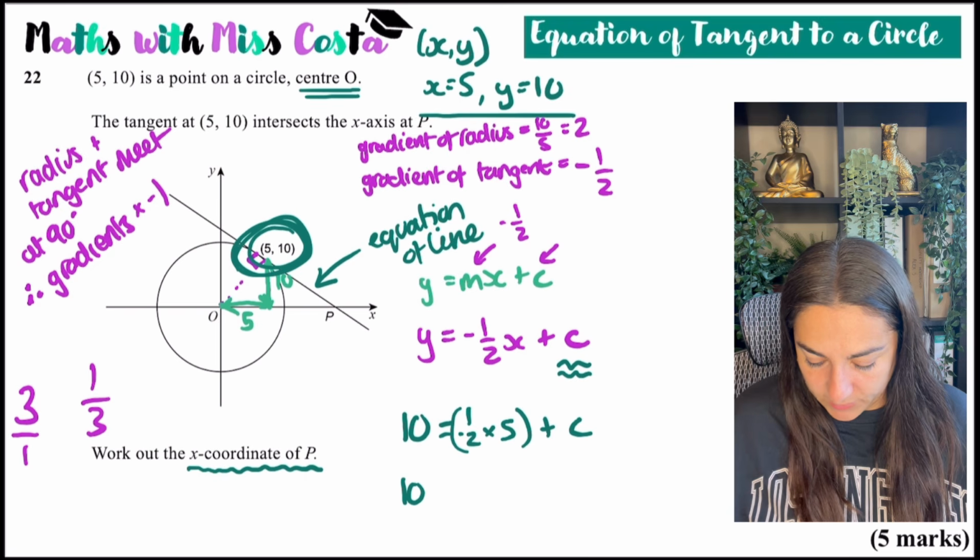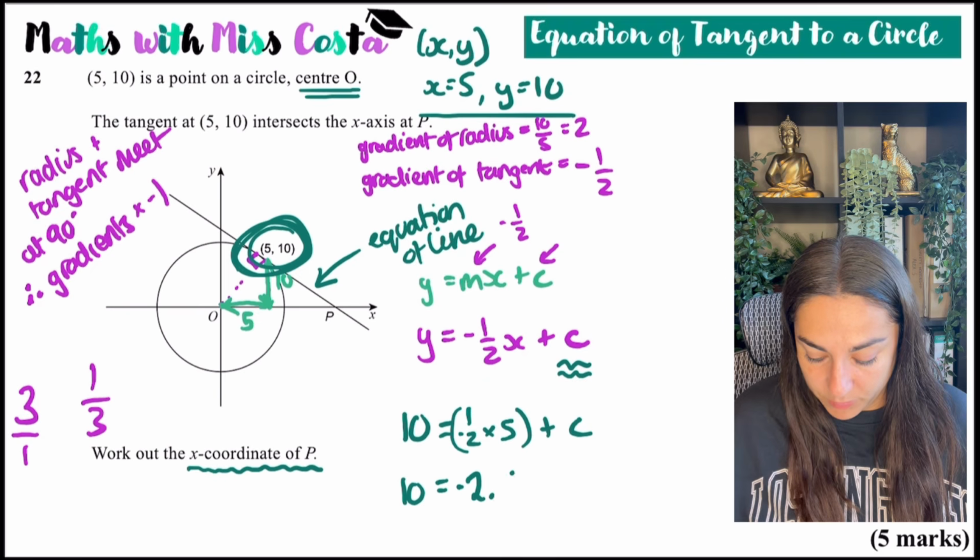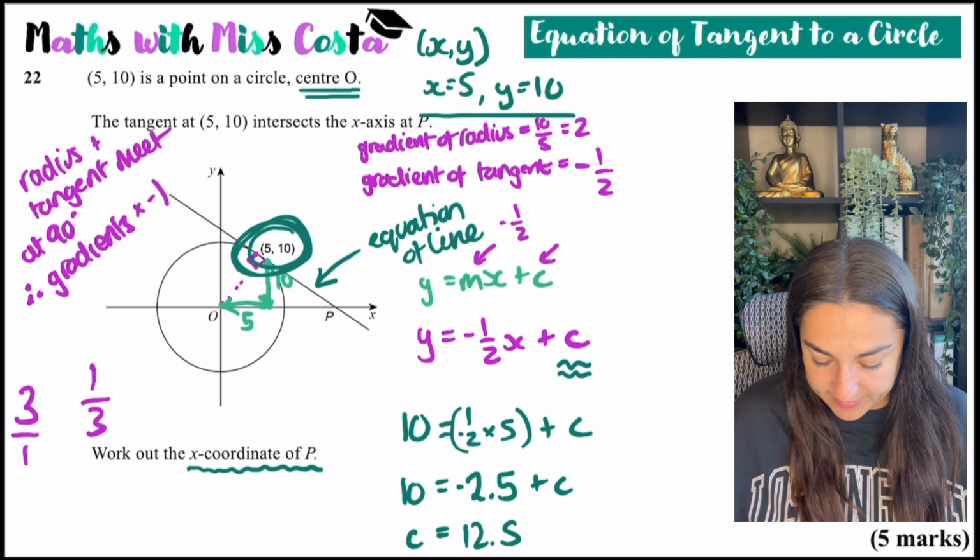So 10 equals, or half of 5 is 5 over 2, which is 2.5. So that would be minus 2.5 plus c. So therefore, c must equal 12.5 because I'm just adding 2.5 to both sides.